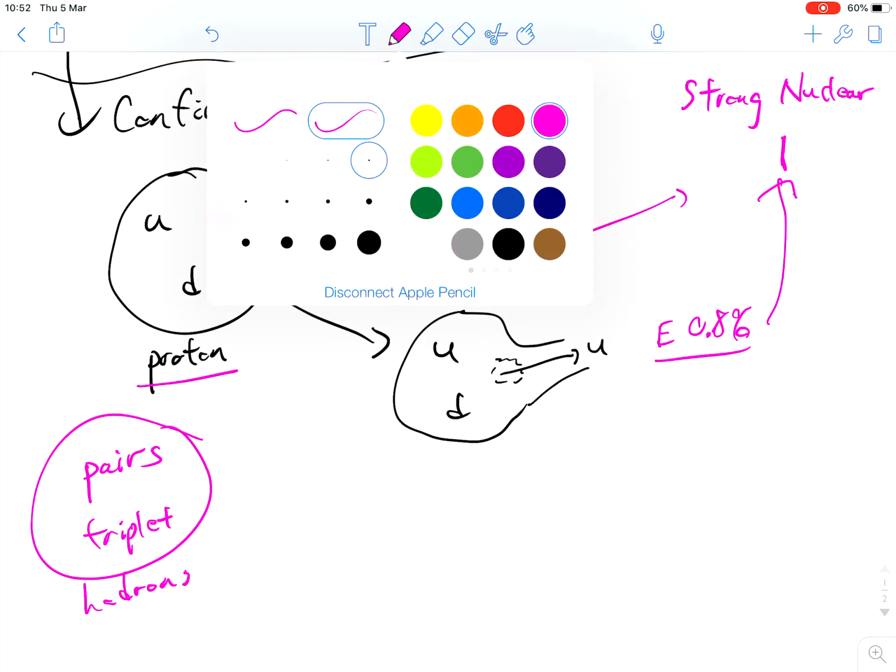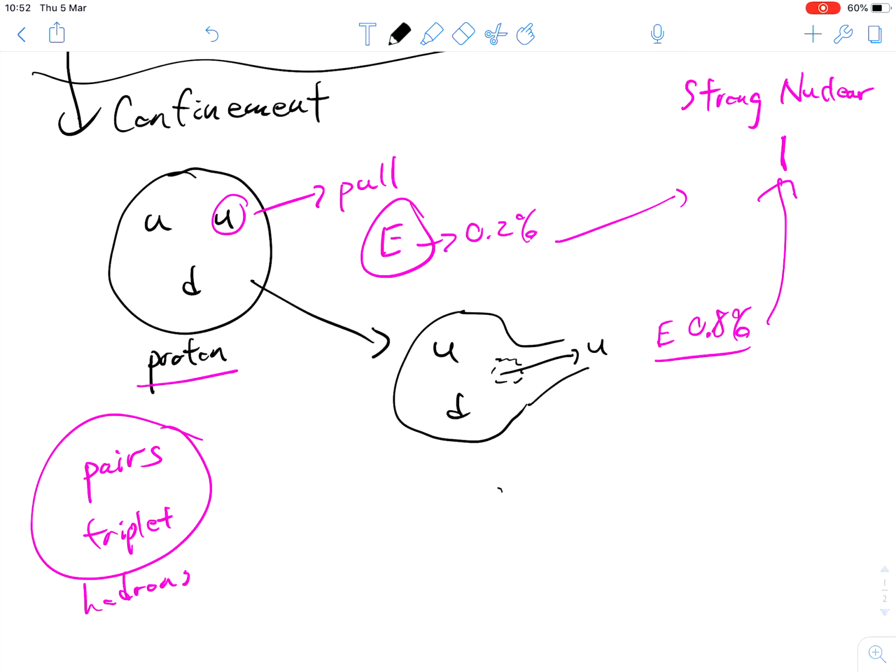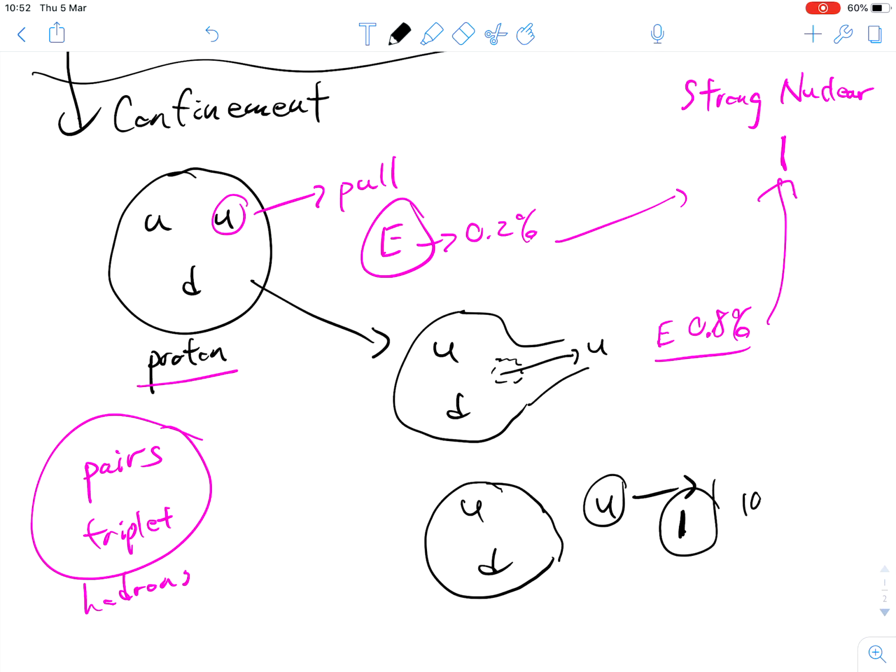Now suppose we could exert all the energy to completely separate this up quark. We would have to exert, at the very minimum, an equal amount, the same full 100% energy as the strong nuclear force.